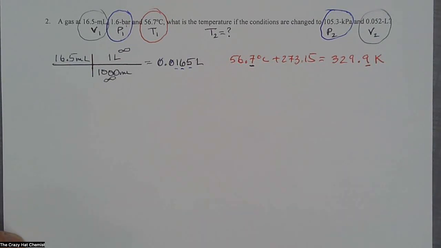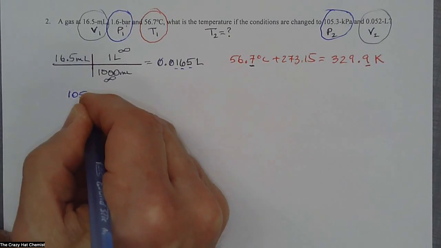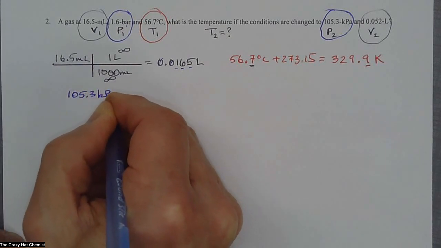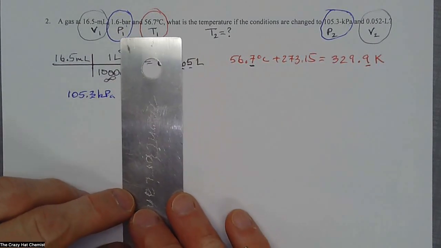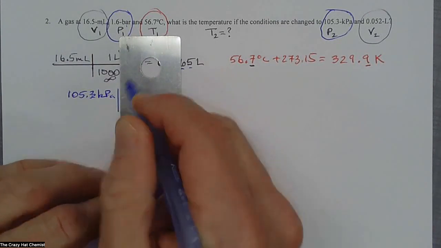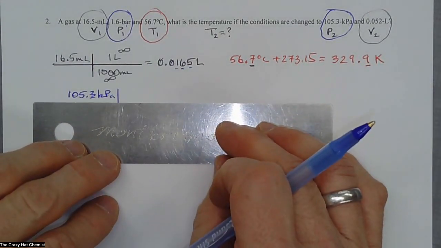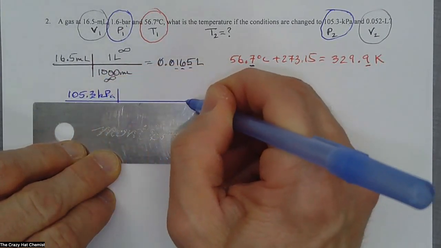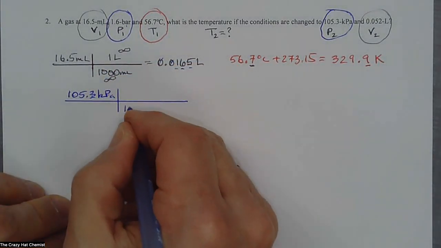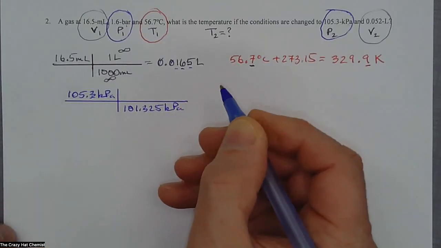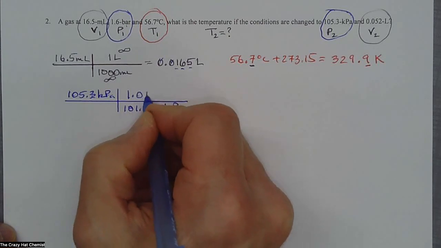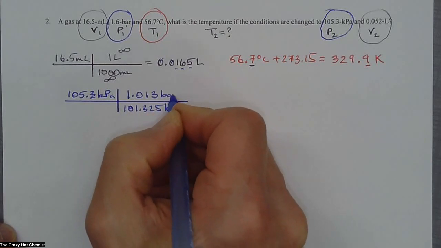So again, arbitrarily, I'm just going to pick one of these pressures. I'm going to take the kilopascals at 105.3 kilopascals, and I am going to now convert that into bar. That's probably one of the simplest ones I can do. So let's sketch that out here. So we know that 101.325 kilopascals is equal to 1.013 bar.